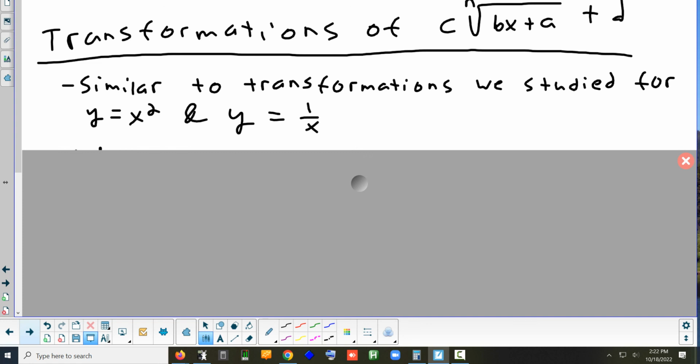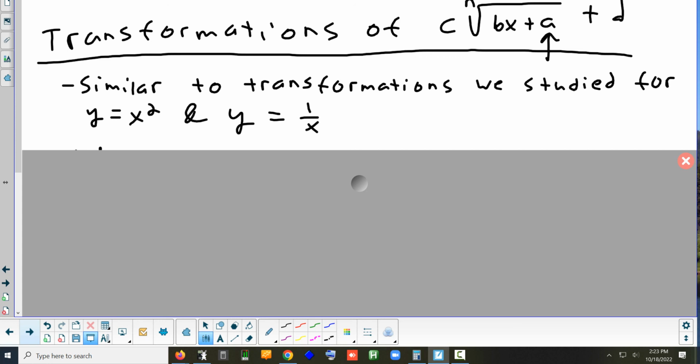So we've looked at this a couple times. I think this is one time I paused the video and went back to a lesson we had done earlier. And you can transform these functions, just like every function we've studied. Whenever you add or subtract inside the function, does anybody remember what that does?